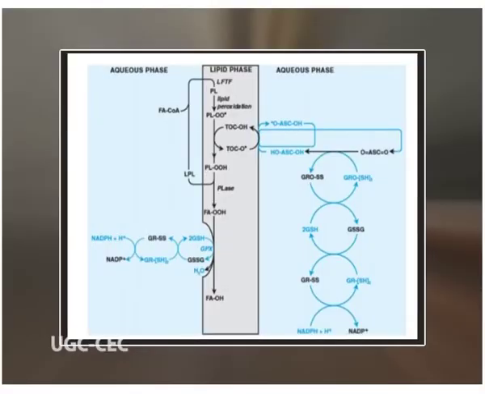Phospholipid peroxyl radicals formed from lipid peroxidation may abstract hydrogens from alpha-tocopherol, which can be regenerated by glutaredoxin, which in turn can be regenerated by glutathione reductase, or what we call GR.